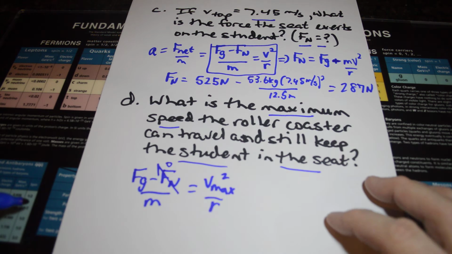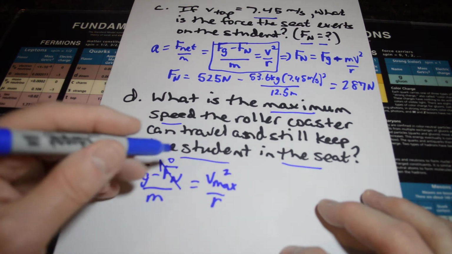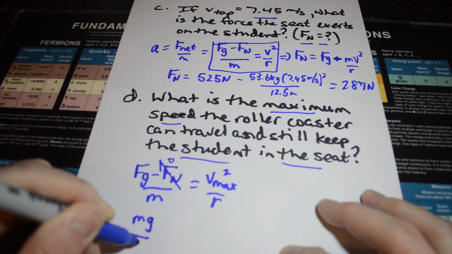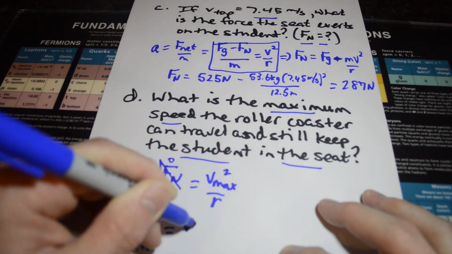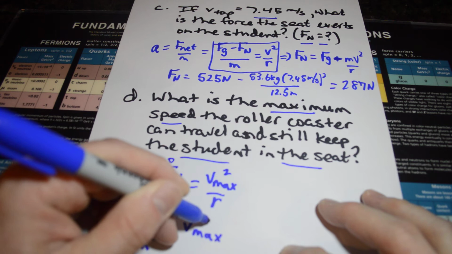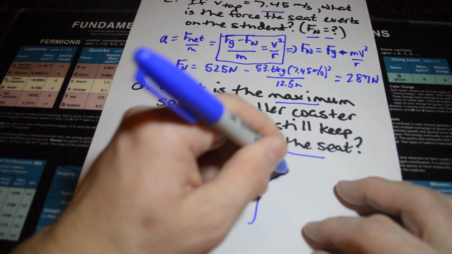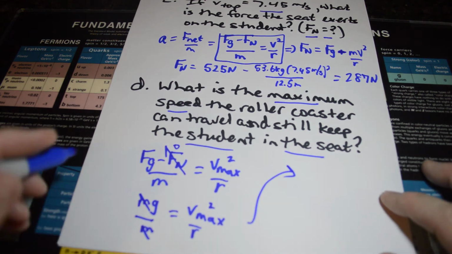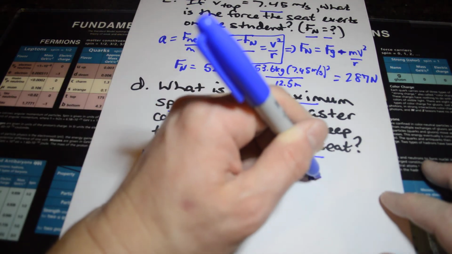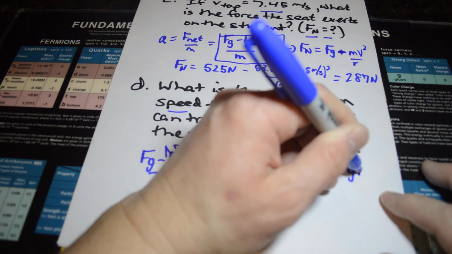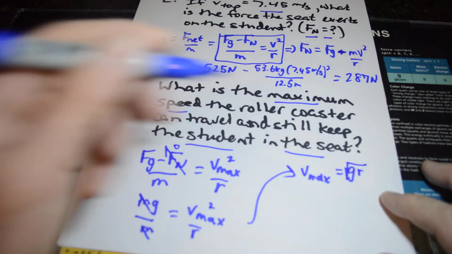So if that's the case, and you put in 0 for Fn, you get Fg, which is just m times 9.8, over m, is equal to the v max squared over the radius. The masses cancel, and so we can calculate pretty quickly. V max is going to be g times r, and then we take the square root.